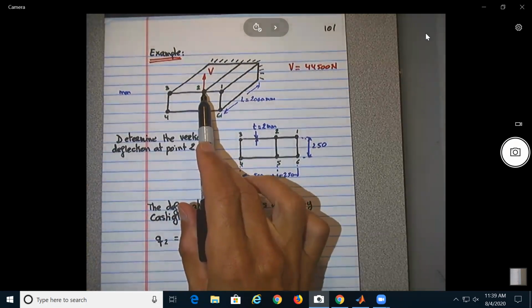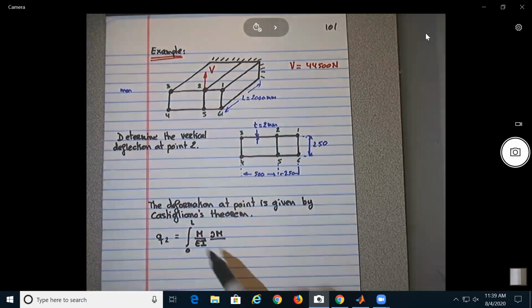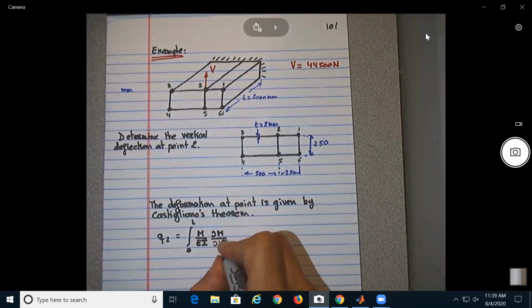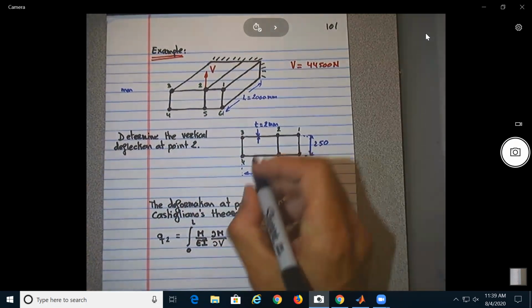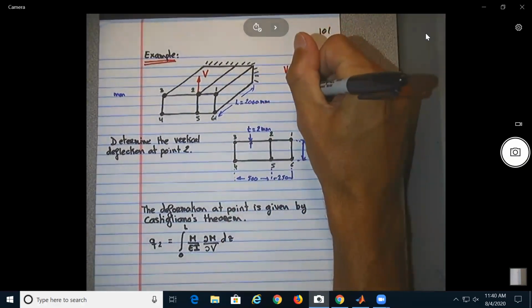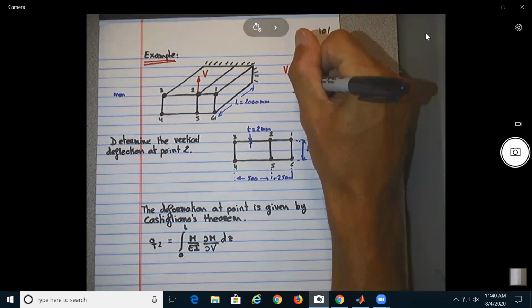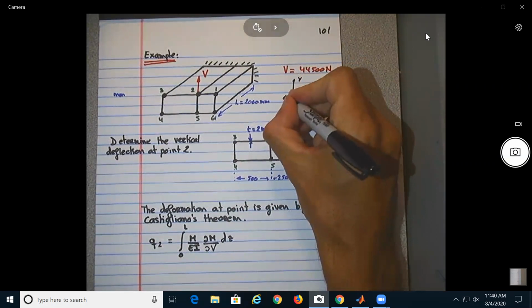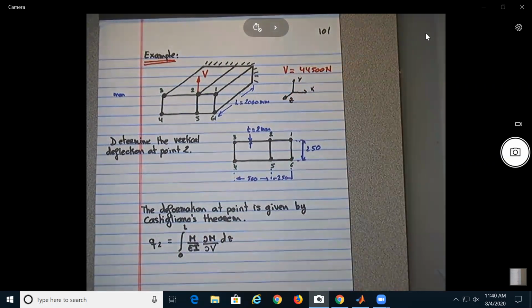So is there a force applied at that point here? Yeah, so we need to take the partial derivative with respect to V. And this will be dz, because I think the reference frame here is X, Y, and Z.